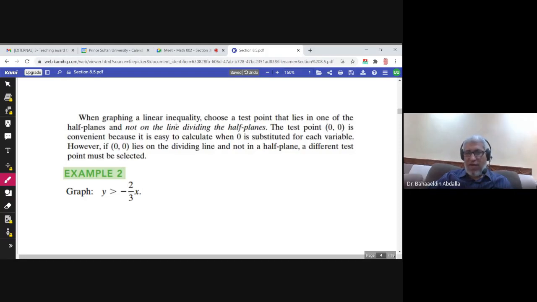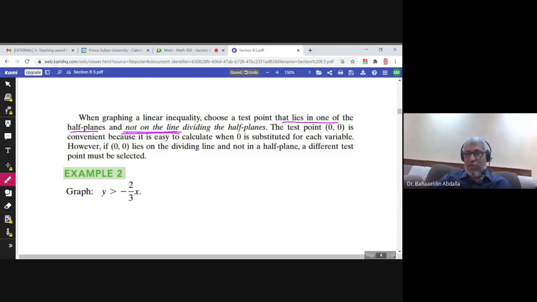Now, when graphing a linear inequality, we choose a test point, as we said, that lies in one of the half planes, not on the line. You do not choose a test point on the line. That's not good, because if you choose a test point on the line, it will give you equality. It will not give you greater than or less than.